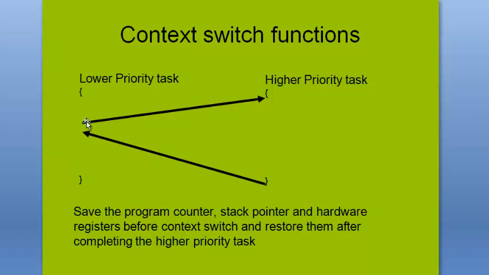So how much time it takes to save the program counter, various registers and variables when switching to the higher priority task is one of the important criteria of a real-time operating system. That is an overhead: how much overhead it consumes to switch from a lower priority task to a higher priority task.